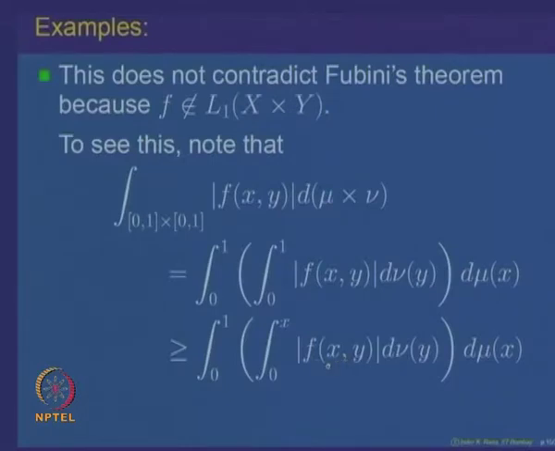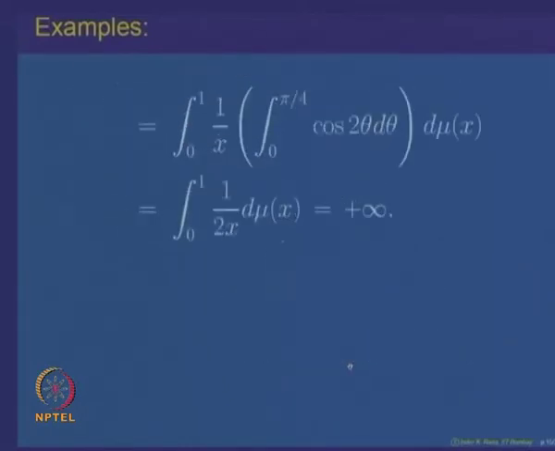Once you compute that inner integral, that is nothing but 1 over x times the integral from 0 to pi by 2 of cos 2 theta, and that comes out to be 1 over 2. So, it is the integral of 1 over 2x d mu(x), which is equal to plus infinity, because 1 over x is not integrable. So, a simple computation shows that this function is not integrable.